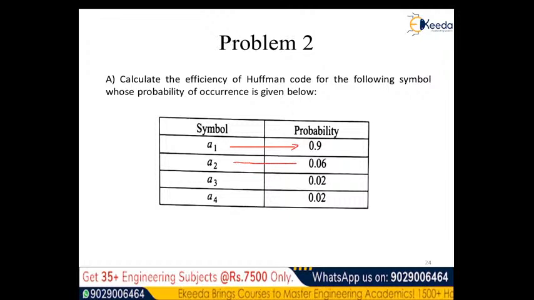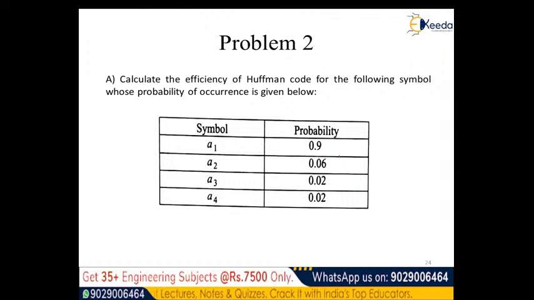For a2 it is 0.06. For a3, 0.02, and for a4 again 0.02. The addition of the probabilities of occurrence of all the events should be equal to 1, and yes, you can tally from the given data in this problem statement.